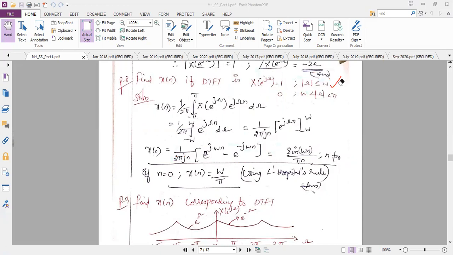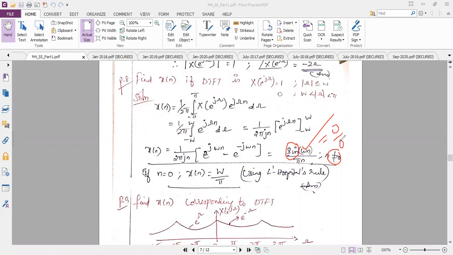Is everyone getting it? Yes, ma'am. See, what is wrong in this? If you get the answer in terms of sine, we always face a problem. This will not be valid for all the values of n, because sine 0 is 0. If I substitute n equal to 0, sine 0 is 0, and similarly the denominator is also 0 for n equal to 0.